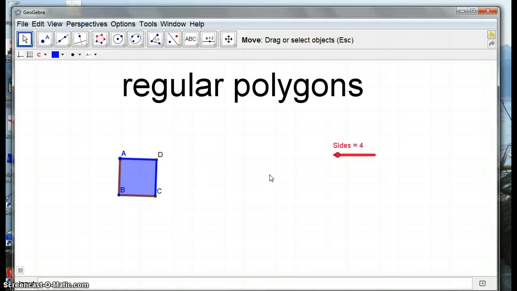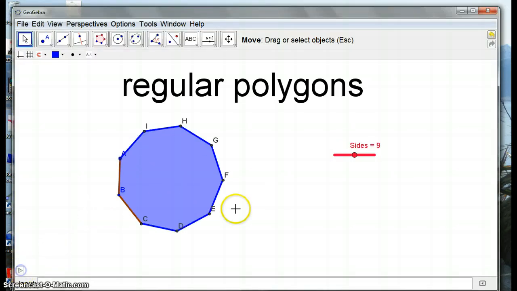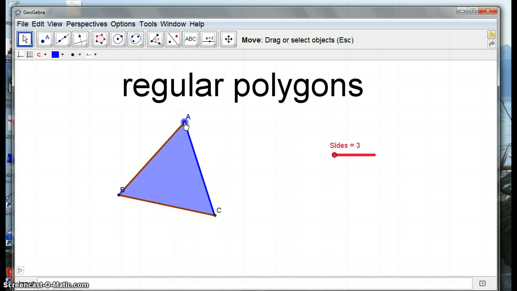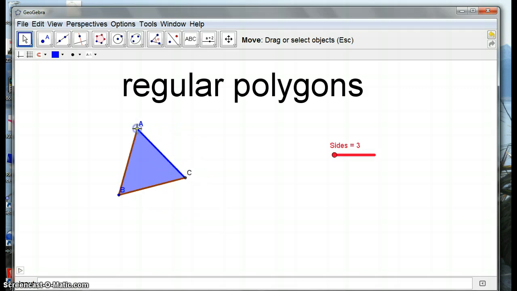So they're very special shapes. Now, if I just pause my animation, we'll look at the ones we're worried about. So there we've got a triangle. That's an equilateral triangle because all of the sides are the same length and all of the angles would be 60 degrees.